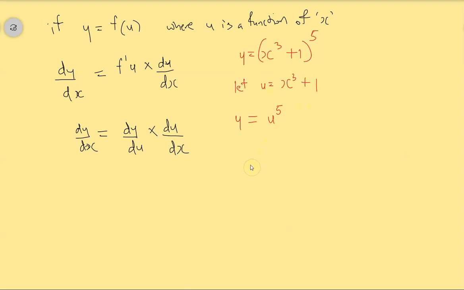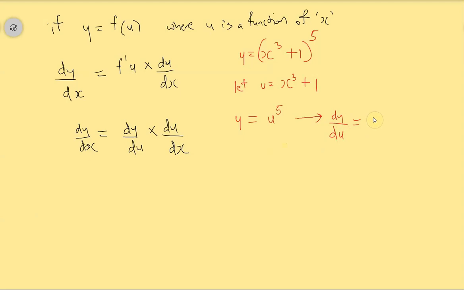Now the formula states that dy dx, or dy by dx, is equal to dy du times du dx. So let's find dy by du. Now let's just draw a line there and write dy du. And of course, we're just going to differentiate it like it's a normal function.